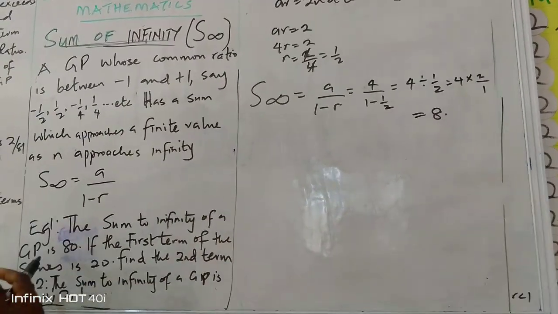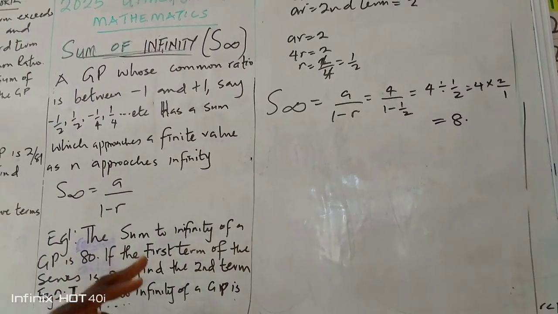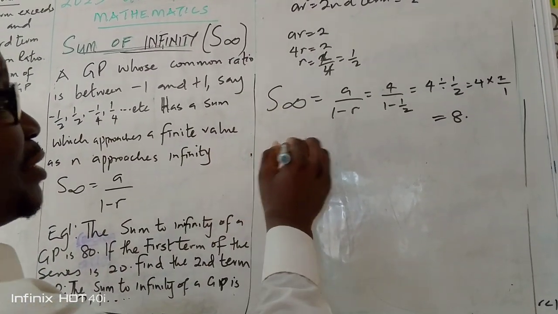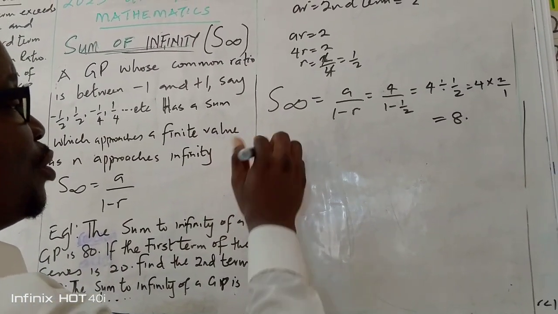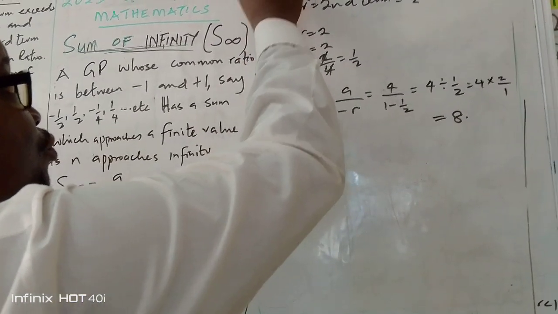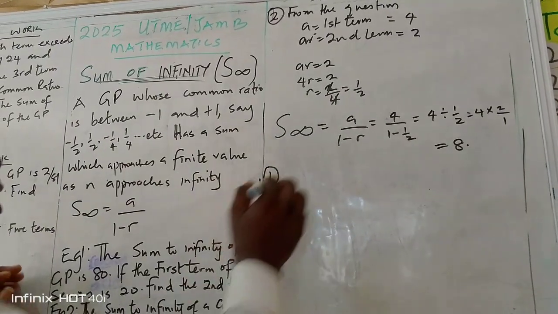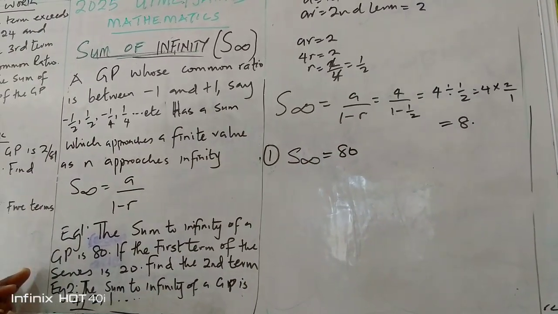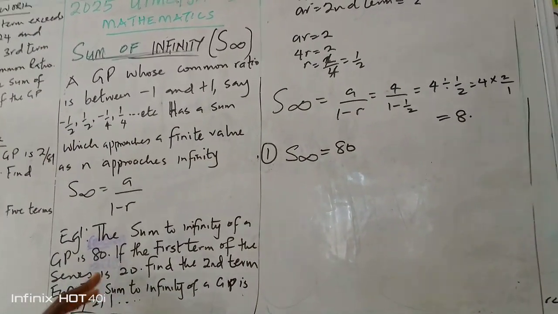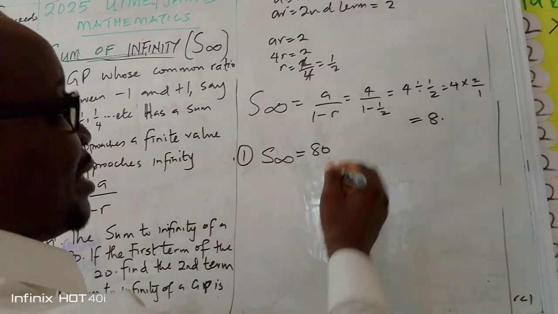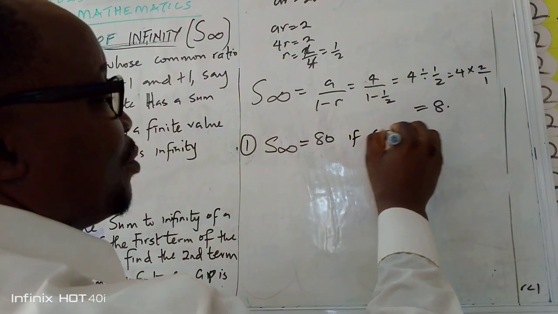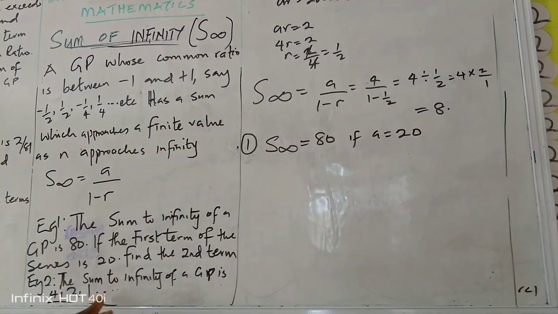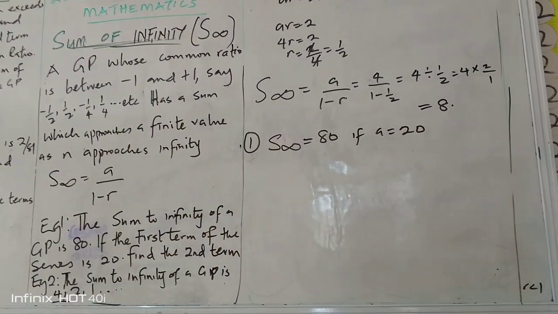All right, now let's look at the other question. The sum to infinity of a GP is 80. This was question 2, so I'll start out with question 1, which says the sum to infinity is equal to 80. If the first term of the sequence is 20, meaning a is 20, find the second term.